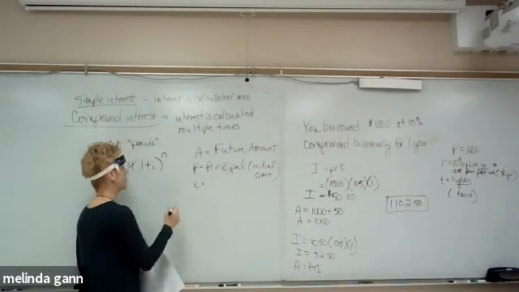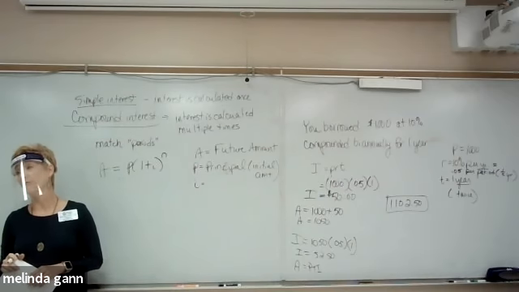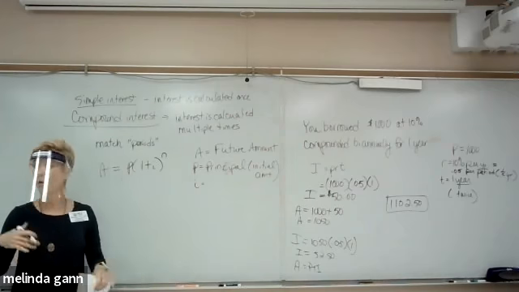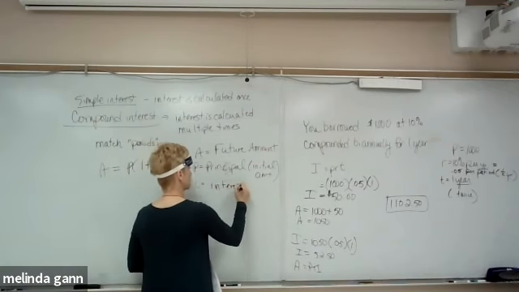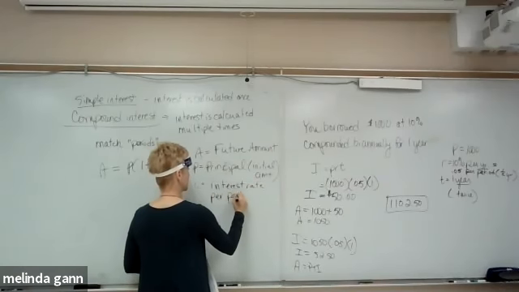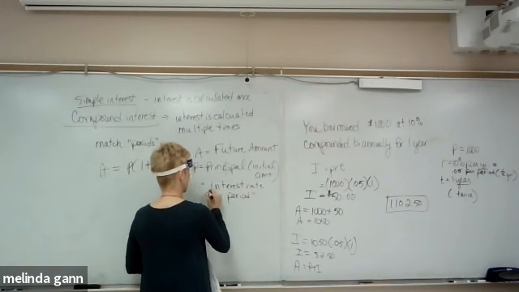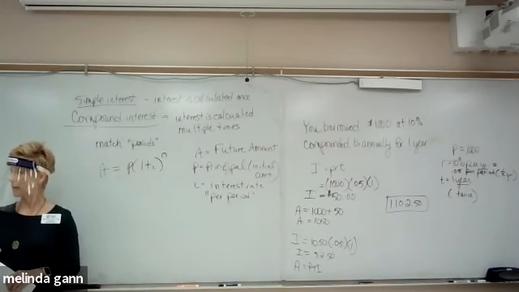What's I stand for? I don't see an R in this one, is it? So instead of them putting R for interest rate, they put I for interest rate. But I'm going to put it's per period. And I didn't put that before. I think that's why they changed the letter on you a little bit.